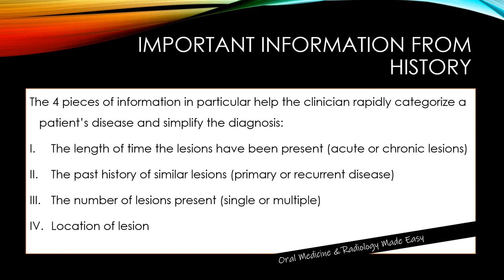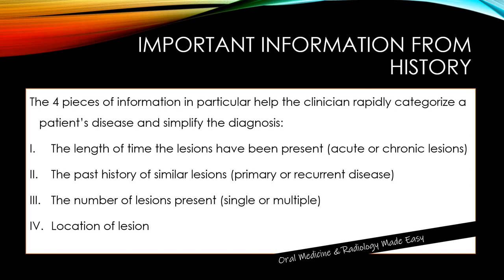Second, we need to ask the past history of similar lesions, whether the patient had similar episodes prior to this present complaint, or is it the first time the patient is presenting with this type of lesion. If it is a second-time or recurrent lesion, then it is more likely to be a case of recurrent herpes stomatitis.